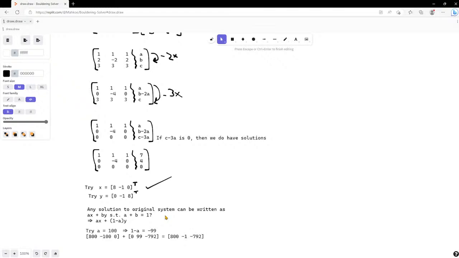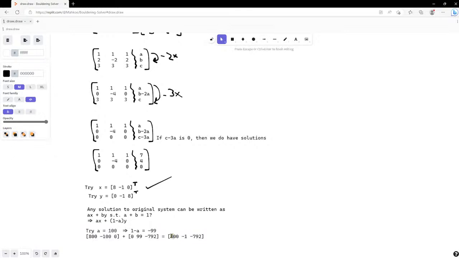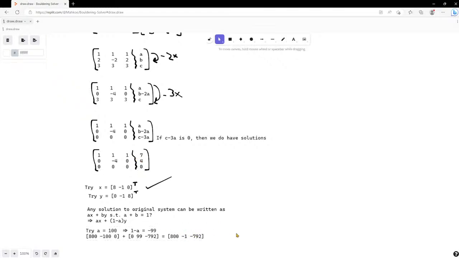Oh, look, this does actually work. Or does it? Oh, yeah, it does work. If I add up these three things, I get 7. And if I take negative 4 times the center one, I get 4.